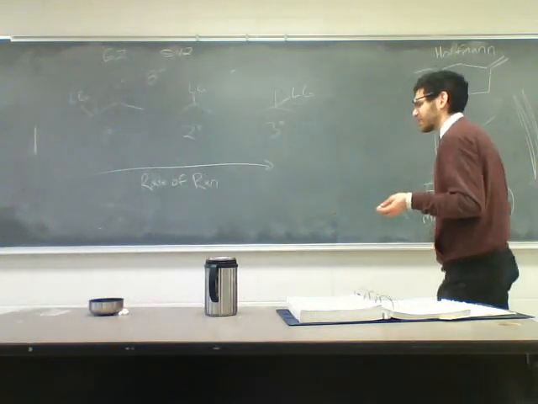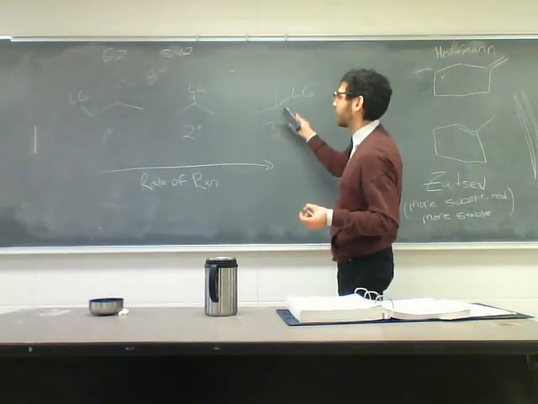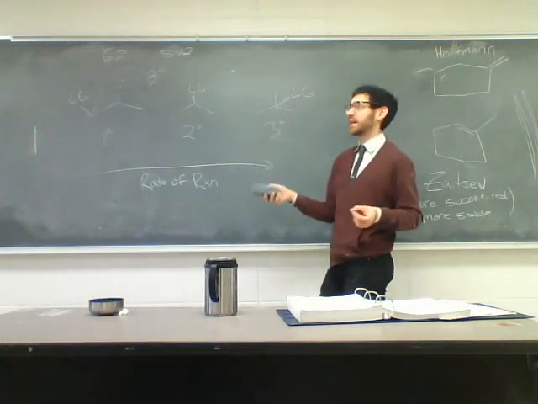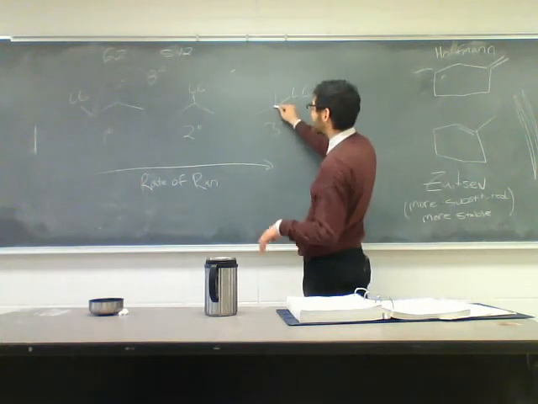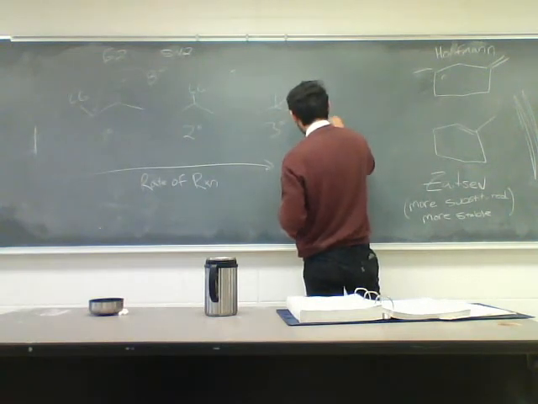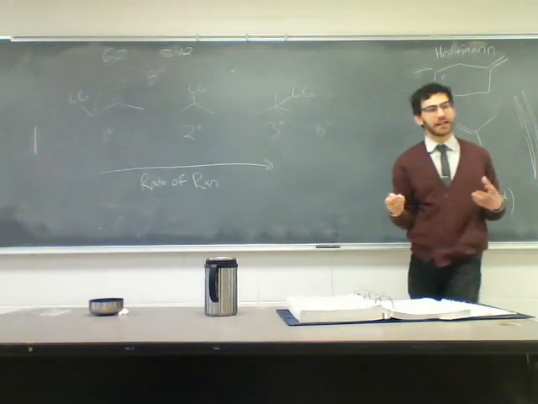So two reasons really. We have a smaller activation energy here with our tertiary substrate, and we have less competition from the SN2 because as we have a more substituted carbon that holds the leaving group, it is harder for a base to come in and attack.